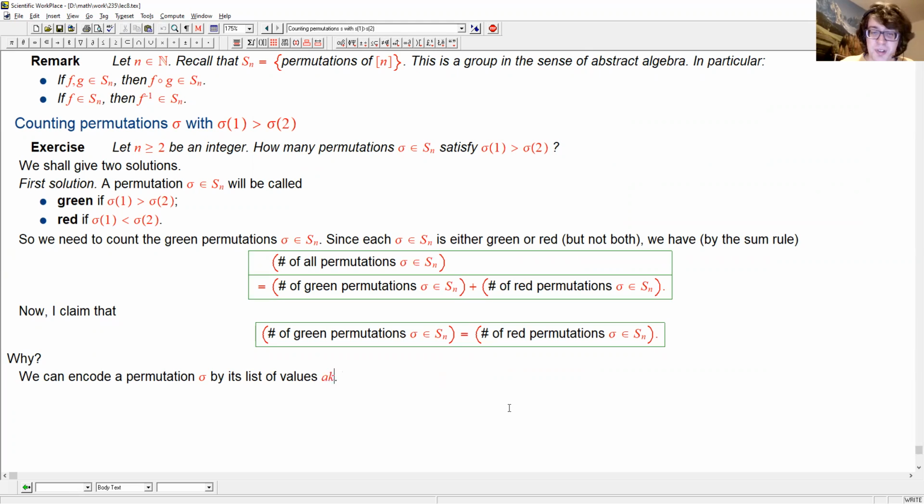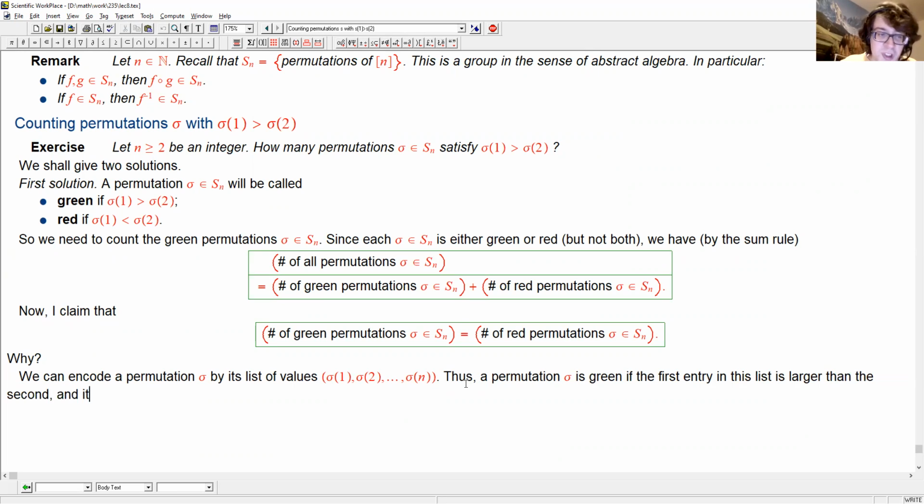Usually people put brackets around it. However, I will use parentheses instead, because I've already used brackets for everything thinkable. That would be confusing. Thus, a permutation sigma is green if the first entry in this list is larger than the second, and it is red if the first entry is smaller than the second.